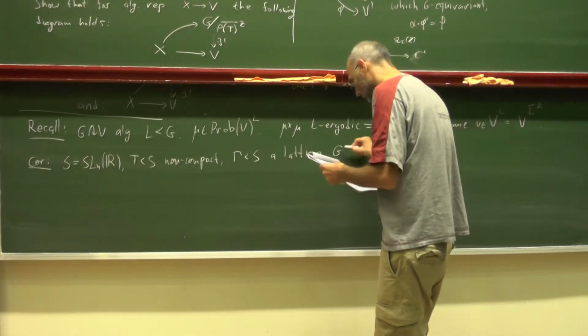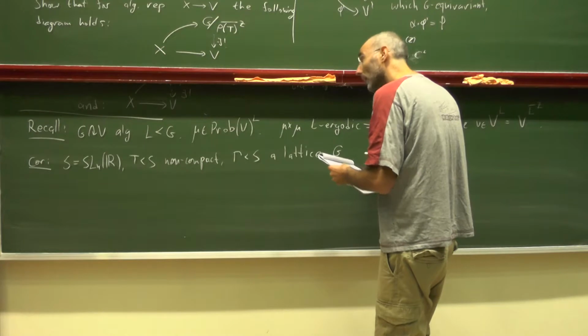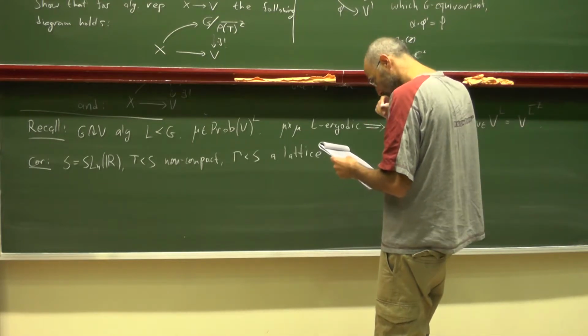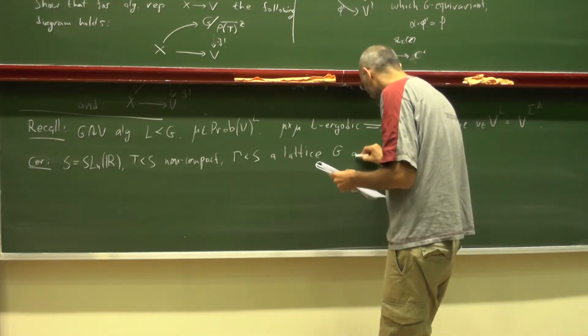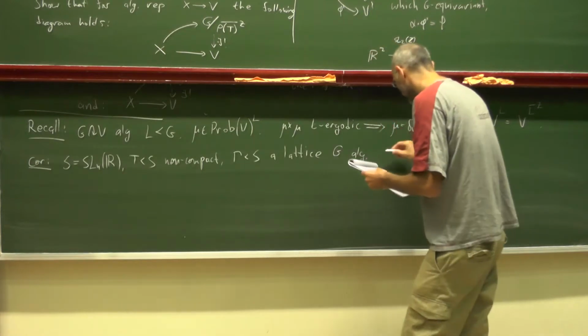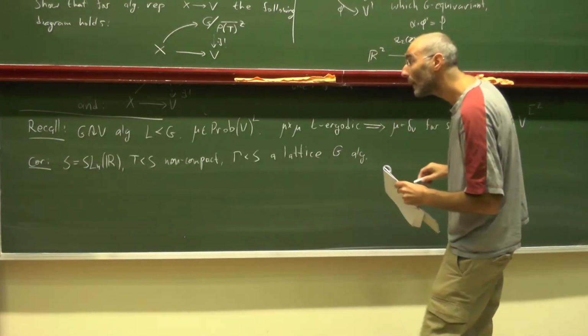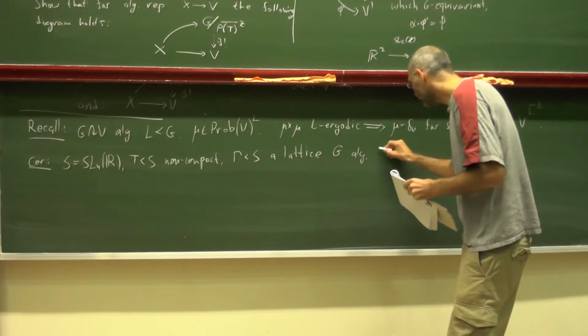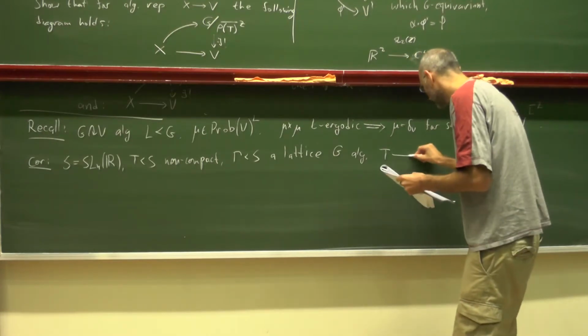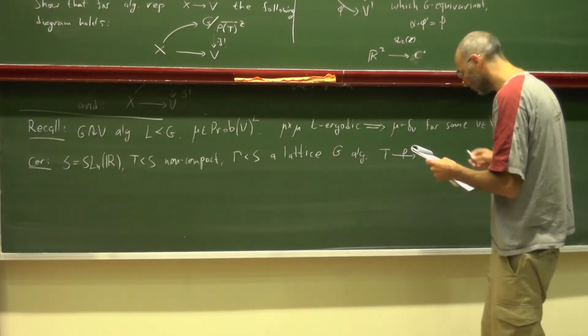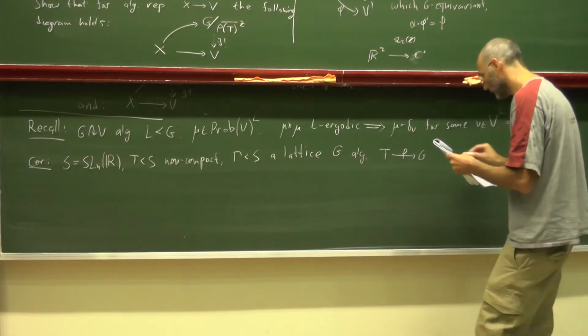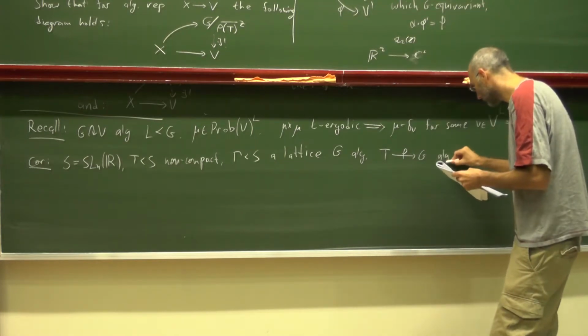Take G algebraic, and now I want to map T. I'll use the same symbol. This will be an algebraic representation.